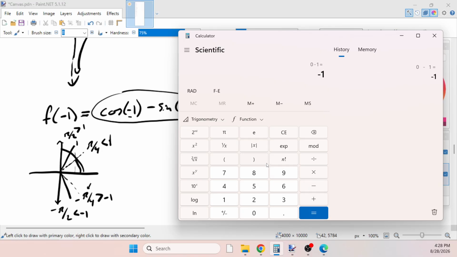Negative 1 to cosine of that. Okay. So we get 0.540, all of that. Let's store that to memory. And then I want to do sine of negative 1 as well.